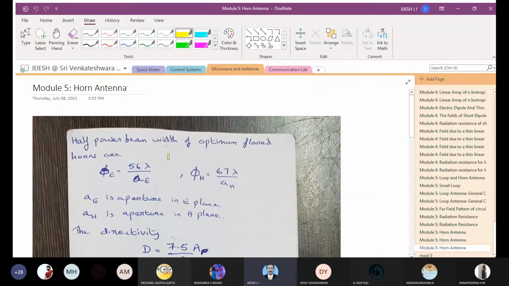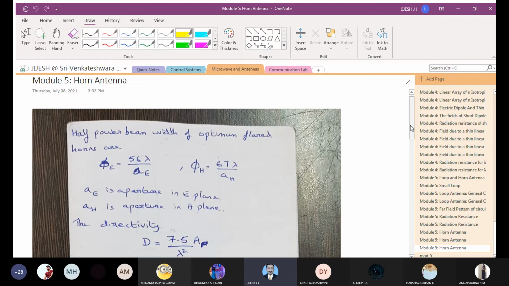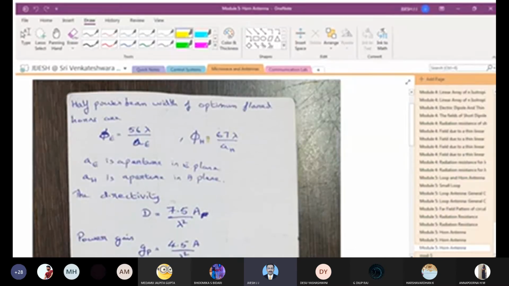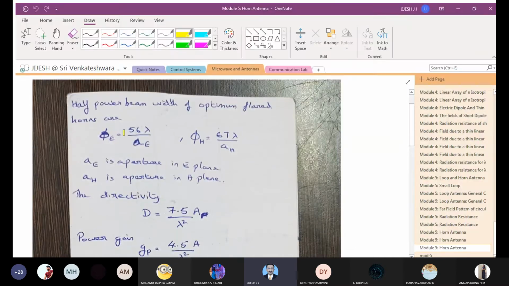So half power beam width of optimum flared horn is given as phi of E, and you can say that phi of E can be represented as 56 lambda divided by AE, and phi H can be represented as 67 lambda divided by AH. AE is the aperture in the E plane, and AH is the aperture in the H plane.